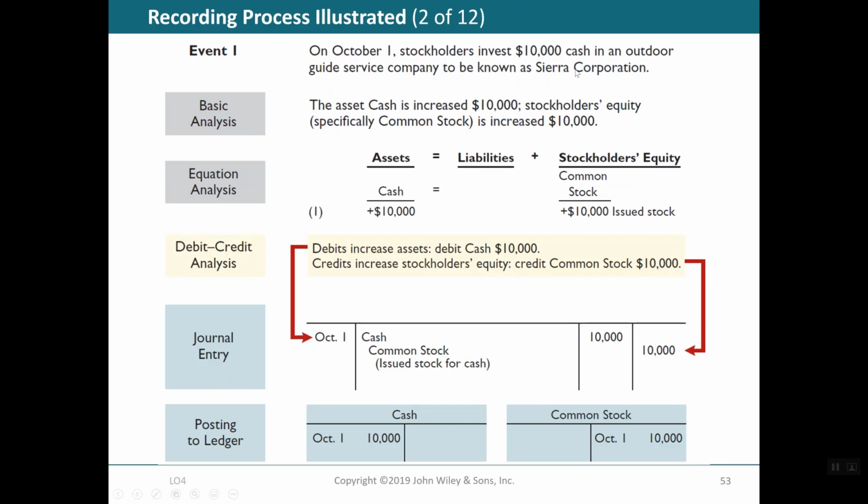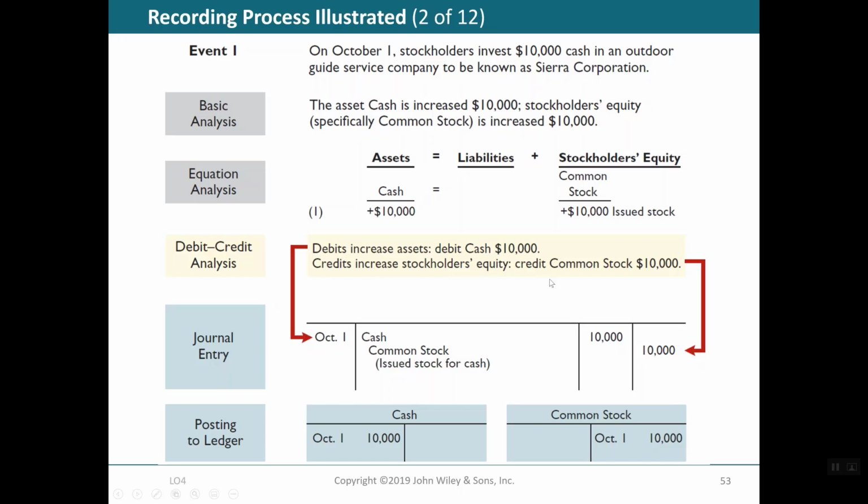On October 1, stockholders invested 10,000 cash in an outdoor guide service company to be known as Sierra Corporation. Our analysis is that cash is increased by 10,000. Stockholders' equity, specifically common stock, is increased by 10,000. So we said increase in cash, increase in stockholders' equity, issued stock. So we debit, increased assets, cash 10,000.